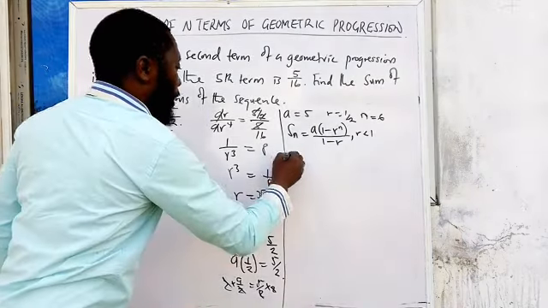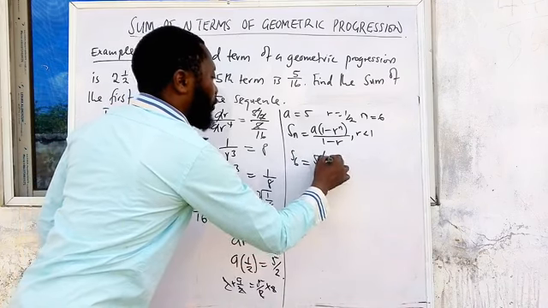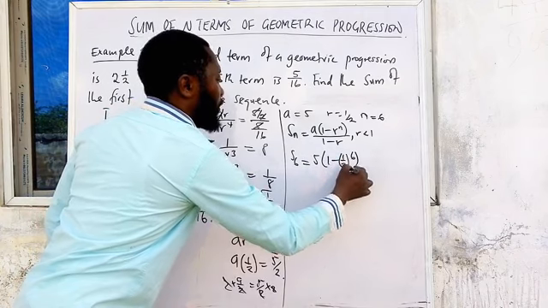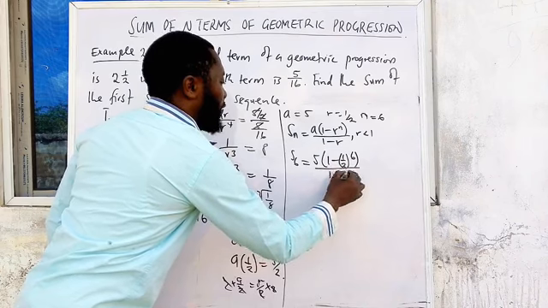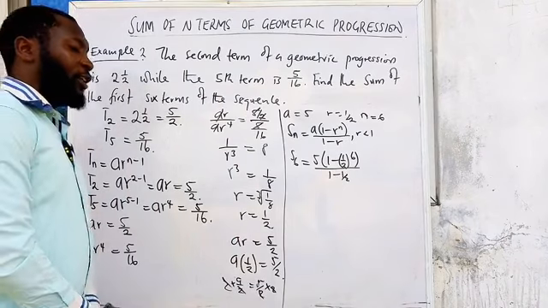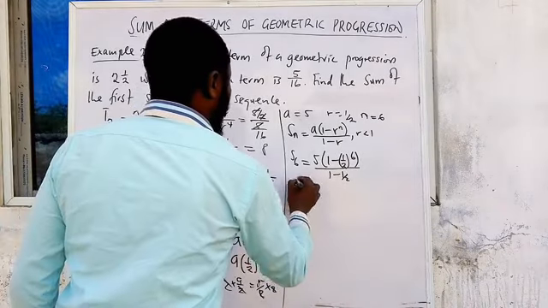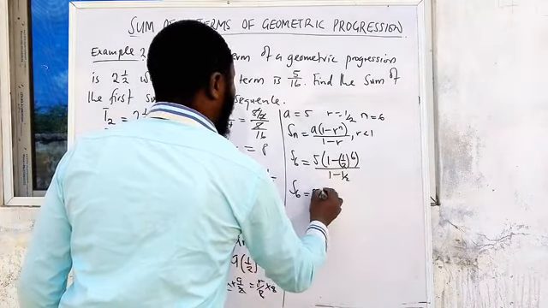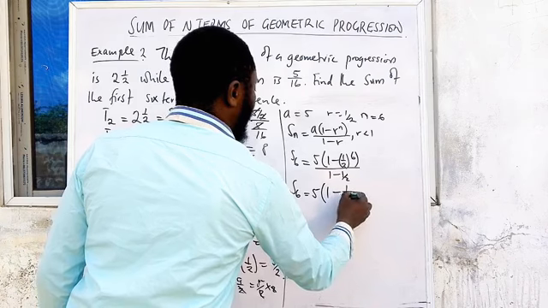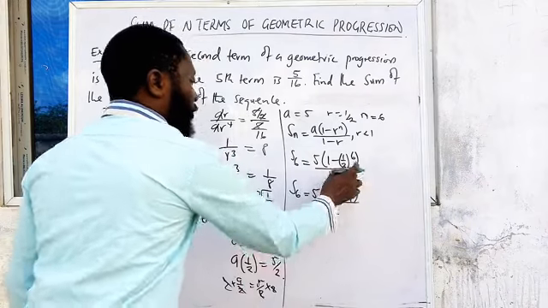Now we have S6 equals a, which is 5, open bracket 1 minus half raised to the power of n, which is 6, divided by 1 minus half again. Half raised to the power of 6 is 1 over 64. So we have S6 equals 5, open bracket 1 minus 1 over 64, divided by half, because 1 minus half is half.